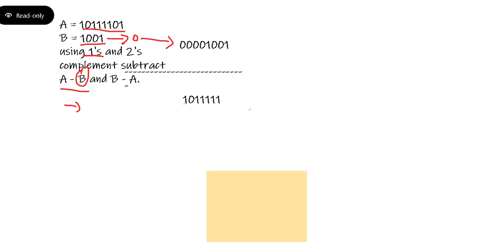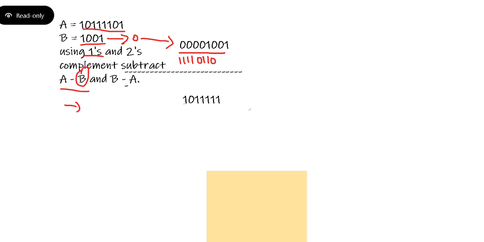Okay, next, what happens now? I'm going to convert this to ones complement. So I'll get 4 ones, then 0 1 1 0.